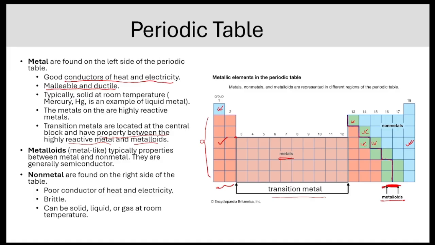And then the materials can be classified into metalloids. The meaning of metalloid is basically metal-like, and these materials have properties in between metal and non-metal. These metalloids are technologically most important.